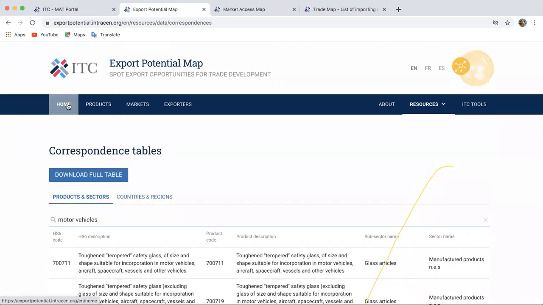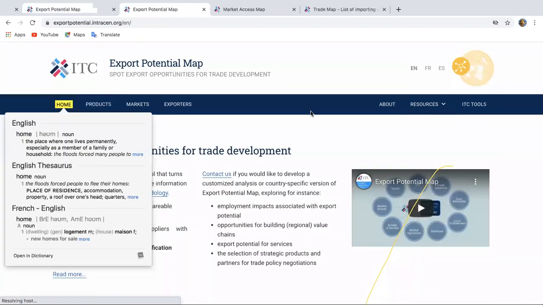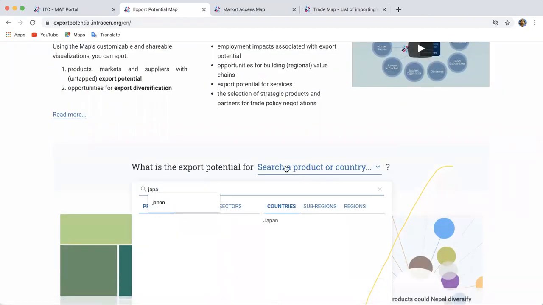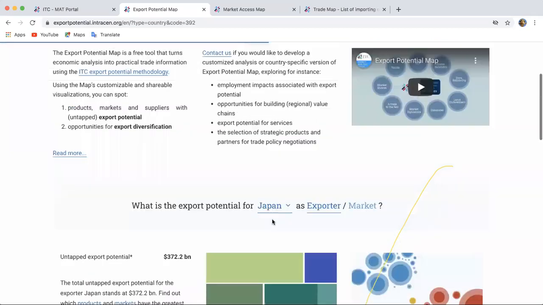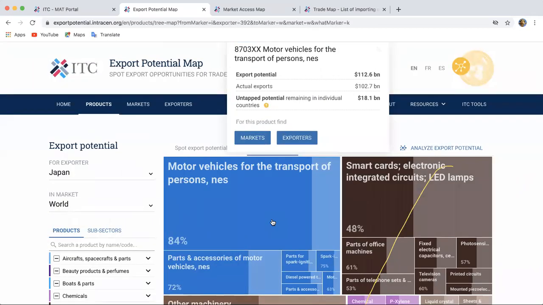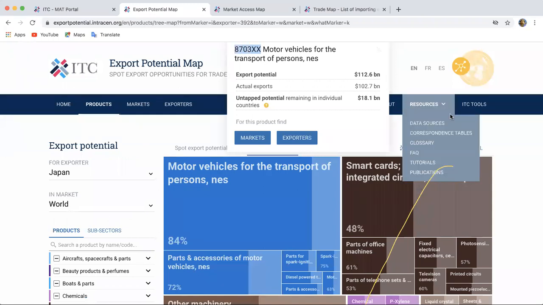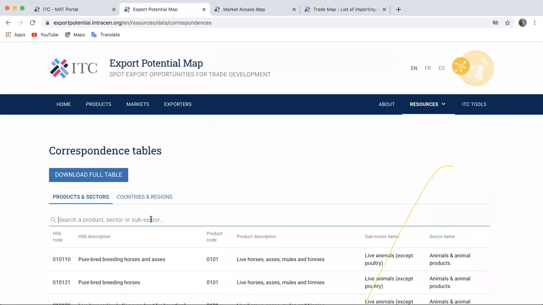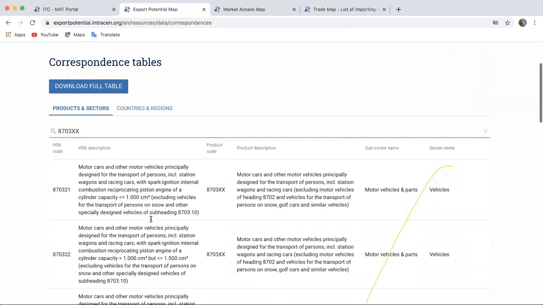Let me go back to my homepage so I know which code we were looking at. For example, it was Japan. We were looking at products, and we wanted to look at this product code. So we fill out the code we want more information on.